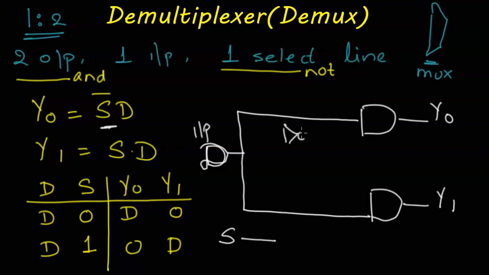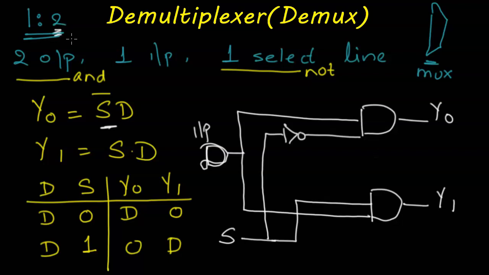So I'm going to draw a NOT gate, and the input of the NOT gate is going from S, and this is going to act as another input to the second AND gate. And there we have it. We have two AND gates and one NOT gate, and this is the total diagram of my demultiplexer using logic gates.